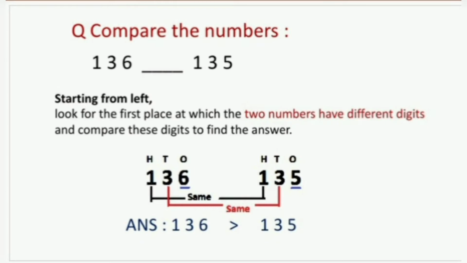So here also they do not differ. Now, the digits differ at ones place. On the left hand side you can see 6, and on the right hand side the digit given is 5. So clearly 6 is greater than 5. So when you write the answer, the broad part of the symbol is open on the 136 side. So 136 is greater than 135.